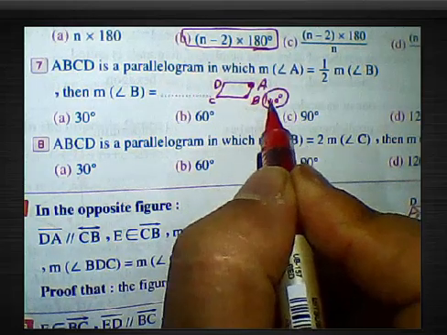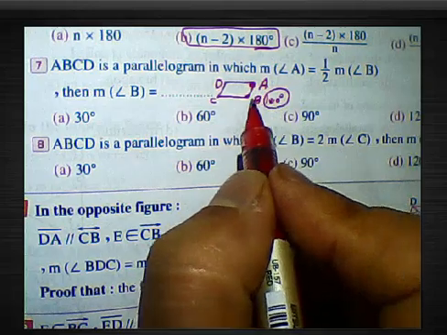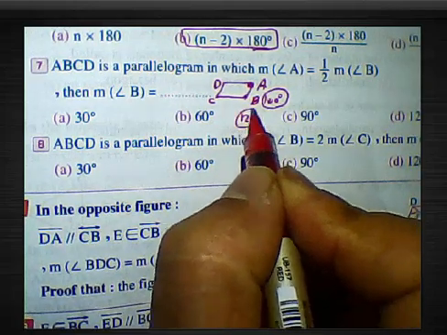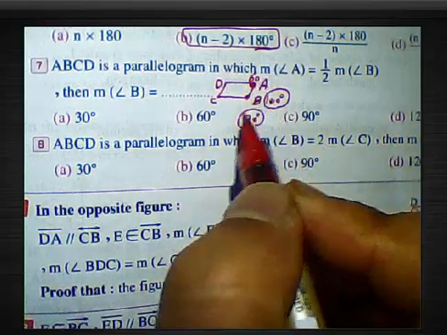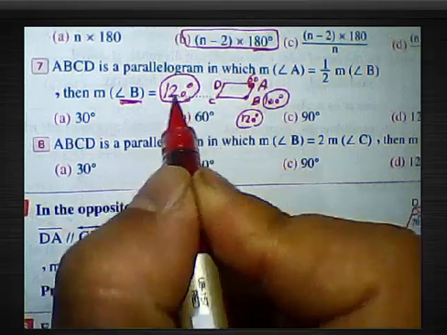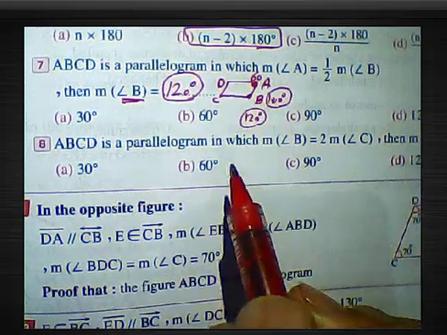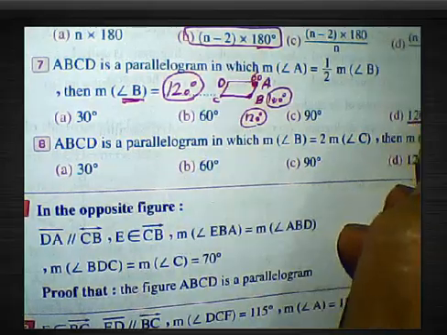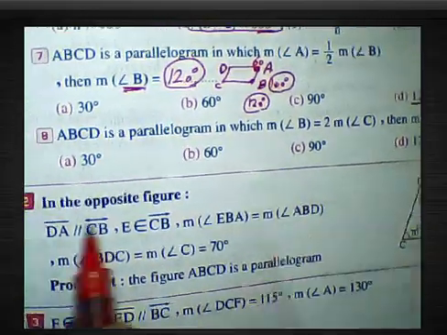So the measure of angle B is twice measure of angle A. Measure of angle B will be 120 and measure of angle A equals 60. Then the measure of angle B must be 120 because 120 plus 60 equals 180. Okay, you must write 120. Choose letter D for this example.